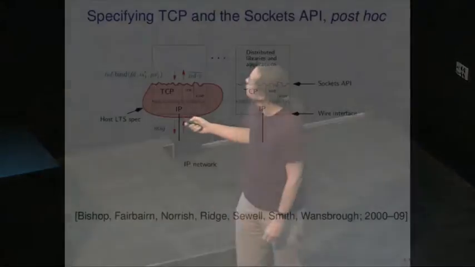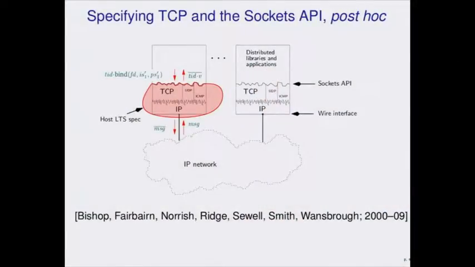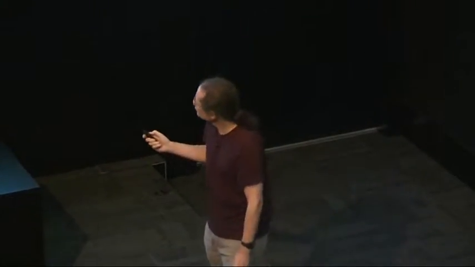So some brave colleagues and I spent quite a while, on and off, specifying the TCP network protocol and the sockets API for that protocol. So in linguistic terms, this is very, very simple.